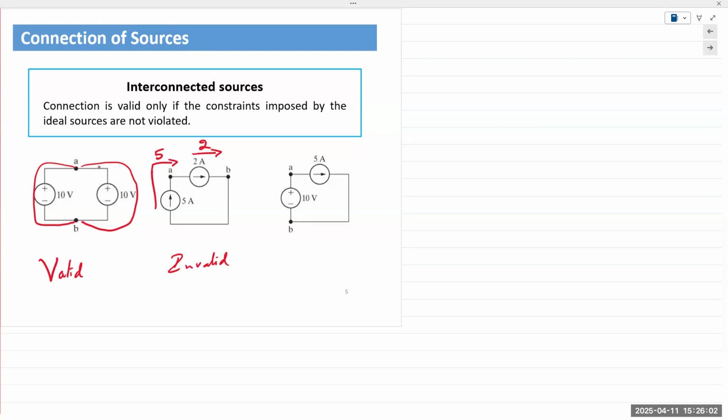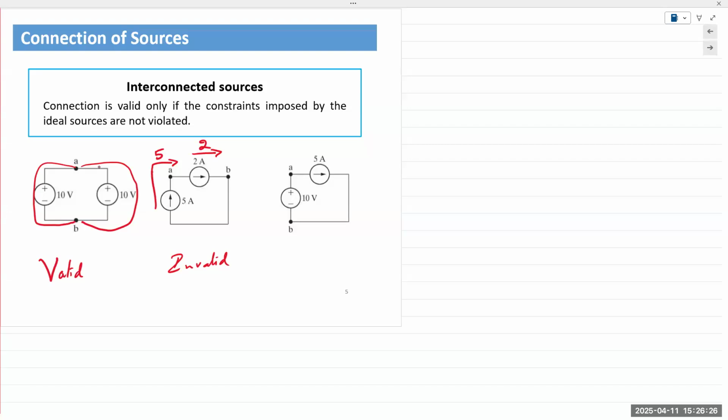So let me understand the question. The question being asked is that the voltage sources are connected with a different orientation. No, that is actually the correct method to connect it. We'll talk about series and parallel connection in a few slides.